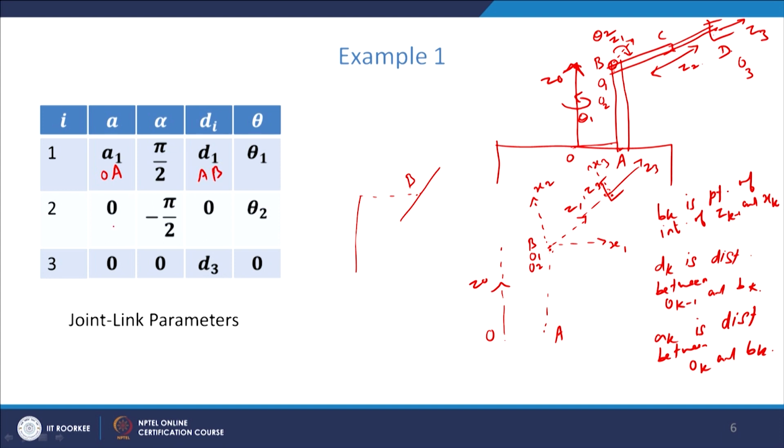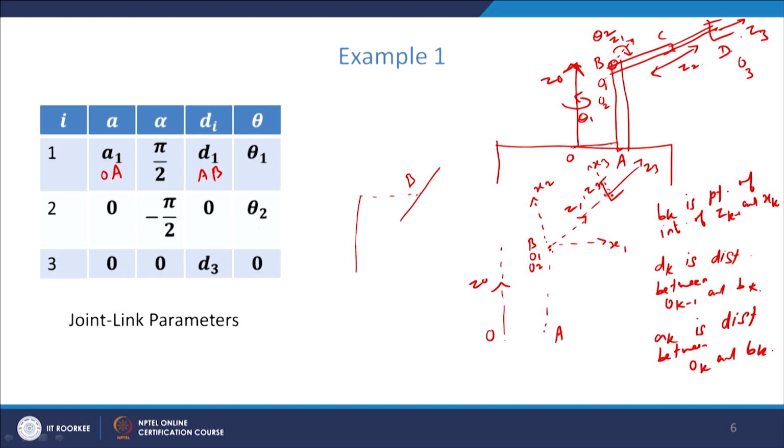For the second joint, because both the coordinate origins are coinciding here itself, A2 and D2 both of them are 0, there is no link length or joint distance, but there is a revolute joint angle theta 2 available at this joint B.